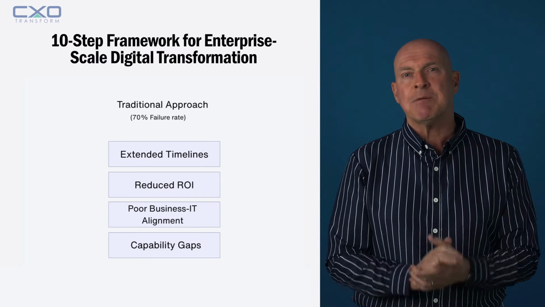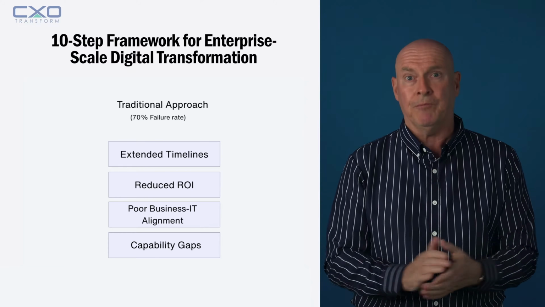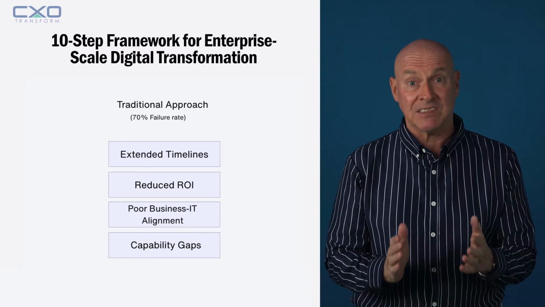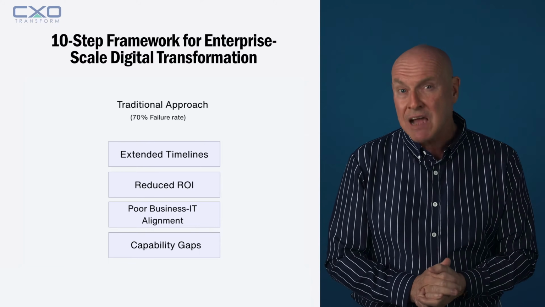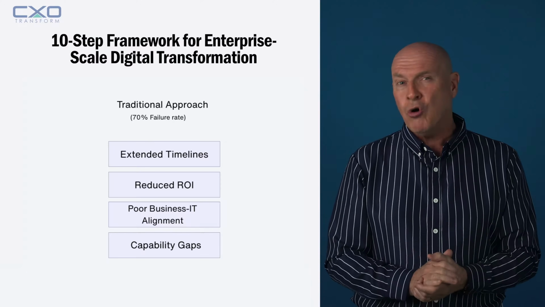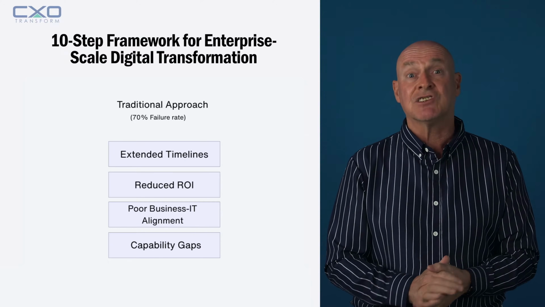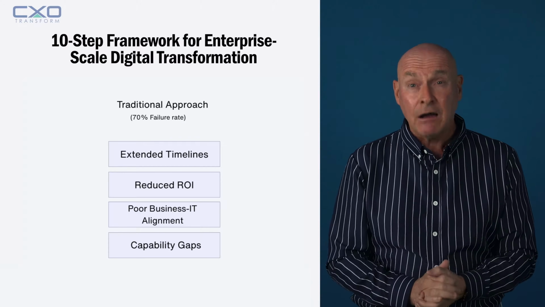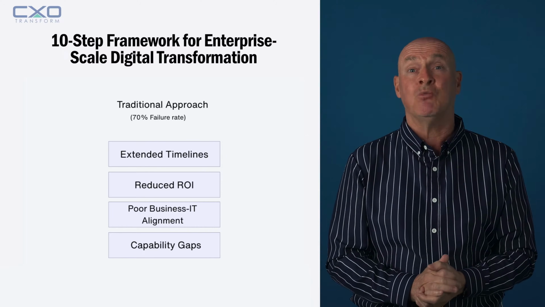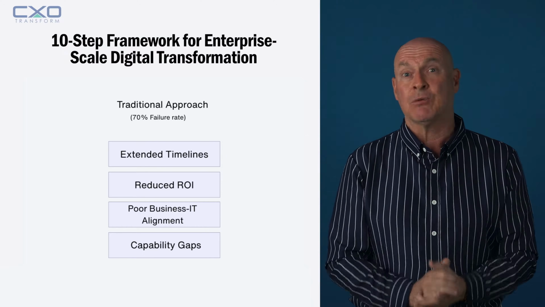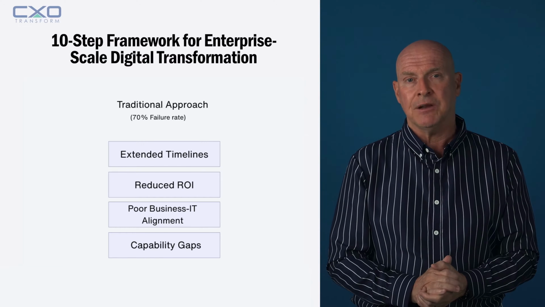Now, the 10-step approach I'm going to walk you through can help you address this capability issue because regardless of company type or technologies, your capability maturity levels will determine how successful your transformation will be and the value it will add to your organization.